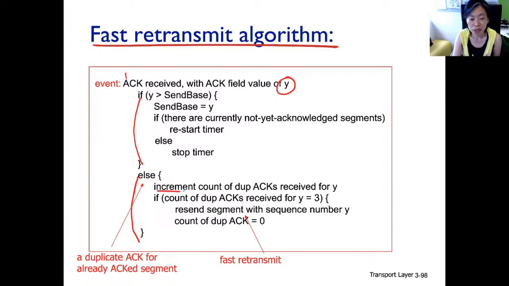So in here you see we increment the count of duplicate ACKs. For each duplicate ACK, we increment this by 1. When the count for duplicate ACKs is exactly 3, then we resend the segment. This is fast retransmission of a lost packet. And then of course, we drop the count back to 0.